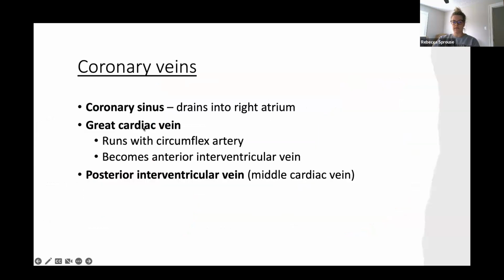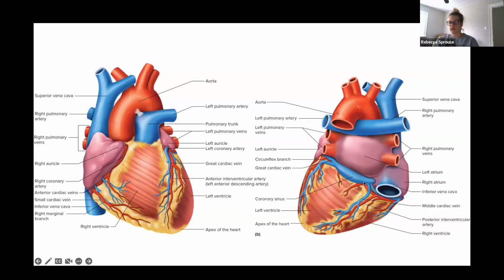The great cardiac vein, I'm going to do this in partners. The great cardiac vein runs with the circumflex artery. So here's your great cardiac vein, which is going to be here. If we keep following this coronary sinus around the left side of the heart, remember we were following the circumflex branch, which was a branch off the left coronary artery.